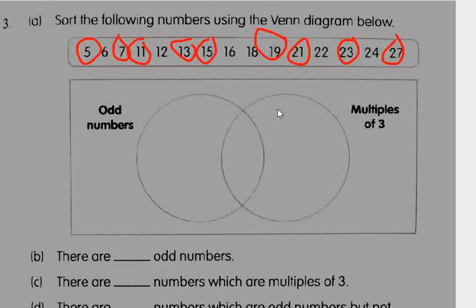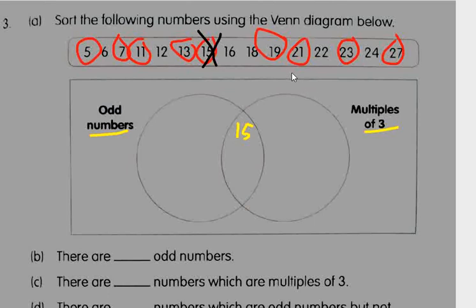So since it belongs to the 2 pieces of information, it belongs to the combined part. Okay, so I will cross this out so I will not repeat writing it.